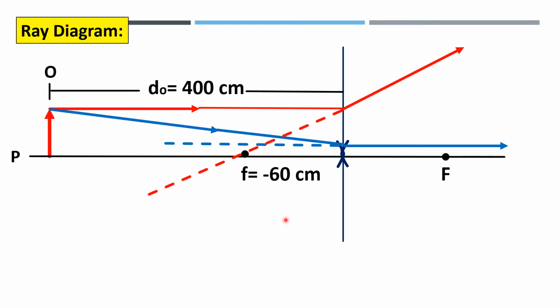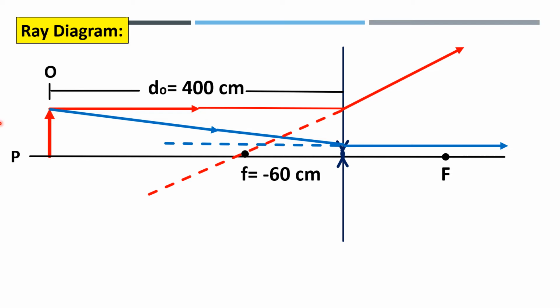So notice that there is a point where the two refracted rays intersect, and that is the point of intersection. That exactly locates the image, the image of the tip of the arrow that represents the object.